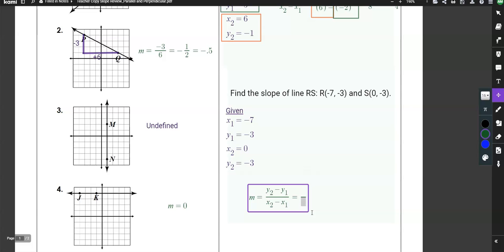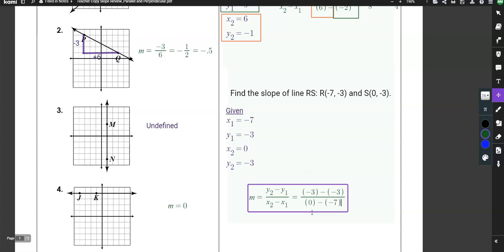All right. And then we're going to go ahead and substitute in our known values. So y2 is -3, and we're going to subtract y1, which is also -3. And then we get x2, which is 0, minus x1, which is -7.